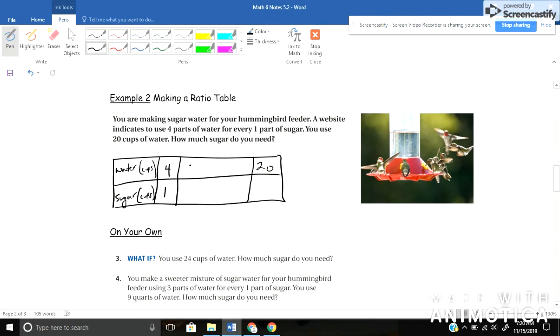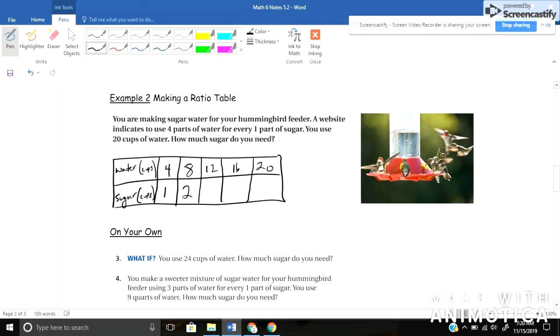So let's say I upped my recipe to 8, and essentially I'm doubling my amount of water, so I need to double my cups of sugar. So instead of 1, then I'd have 2. Okay, well, let's use another 4 cups. So I'm going to add another 4, it'd be 12. I'm going to add another 4, it'd be 16. And if I add 4 one more time, I'd get to my total number.